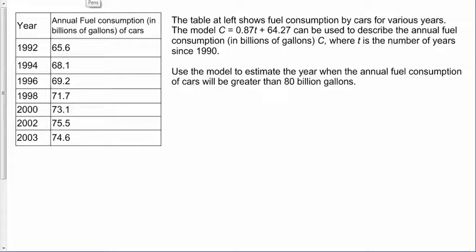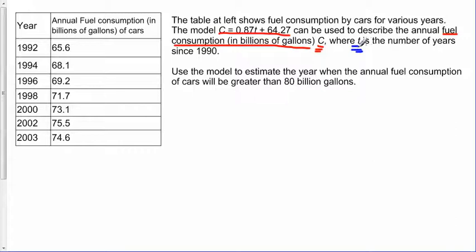So let's just go in before we get too much further and mark up what we have going on here. We're given this model, this equation, that somebody has taken from the information in this table. They're using it to describe the annual fuel consumption in billions of gallons, C. So the fuel consumption in billions of gallons is given by the variable C. And then we have to say, well, what's T?